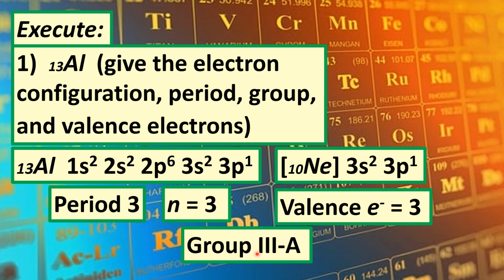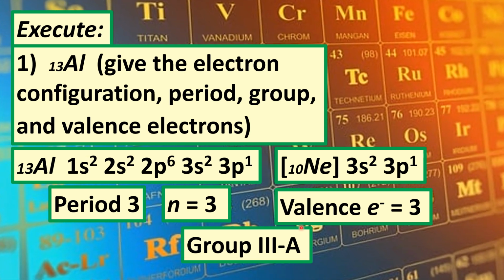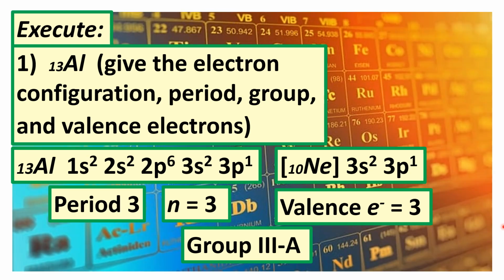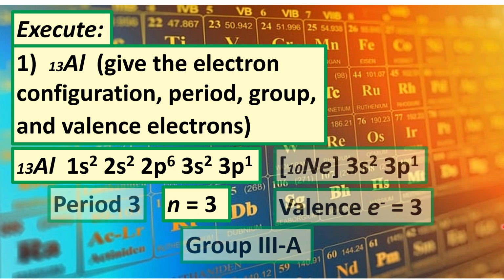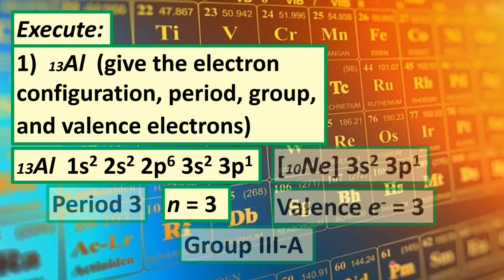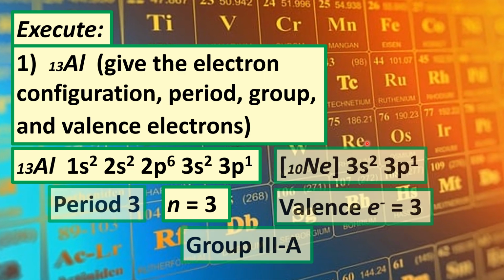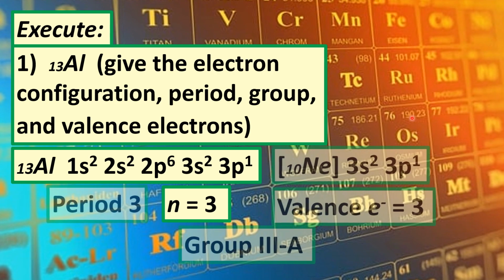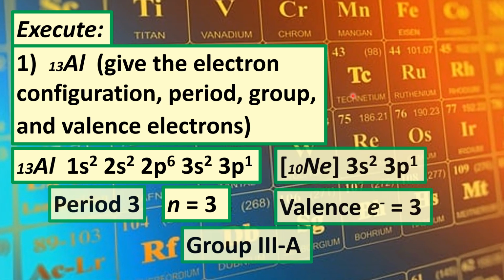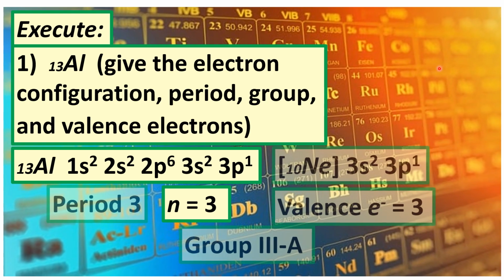So aluminum with atomic number 13, to summarize the answers, belongs to period 3, group 3A, with a valence electrons of 3, and whose electron configuration is shown as bracket neon 3s2, 3p1.